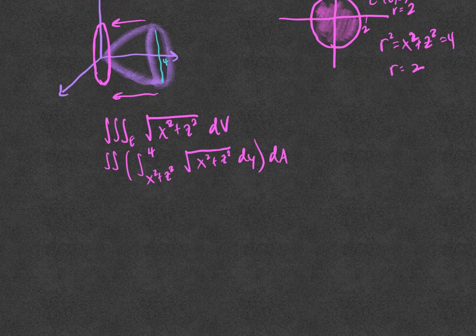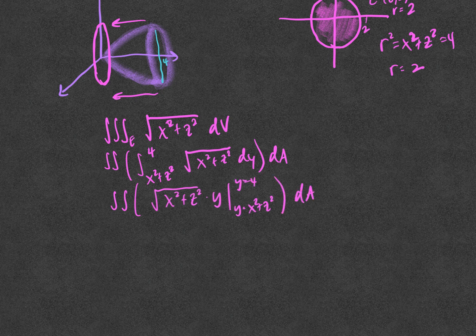Now we could go ahead and figure bounds and all that, but we're going to need to switch to polar eventually. But let's go ahead and look at this integral here. So when we integrate this, we get the square root of x squared plus z squared times y, and then our bounds are y equals x squared plus z squared to y equals 4. And when we're finished, then we have to still keep going.